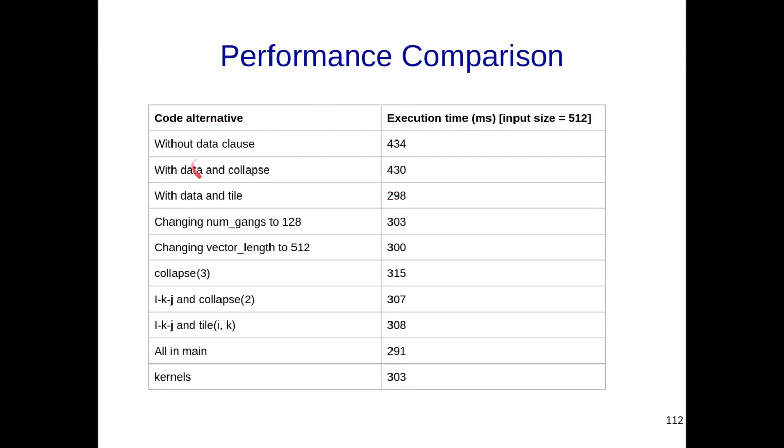If I add the data as well as the collapse clause, collapse 2 in this case, then that reduces a little bit to 430. What does that mean? That means that when I did not have the data clause, the amount of data that was getting transferred automatically was similar to what I would have otherwise given as the data clause.